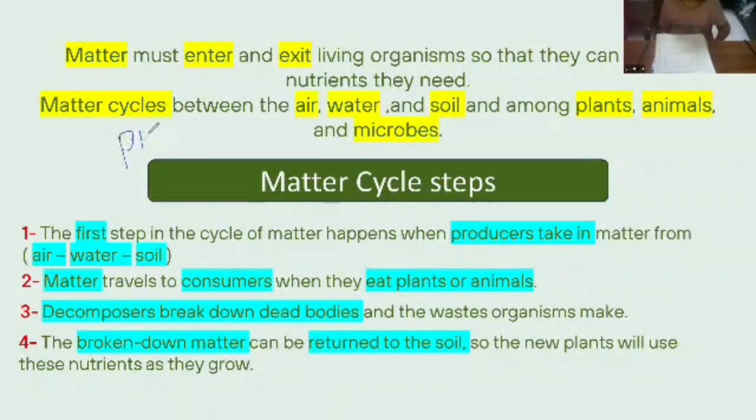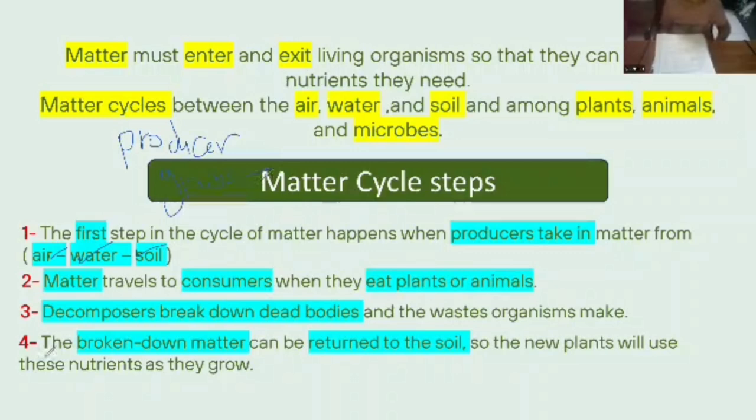Any plant must be a producer, because the first step is when the producer takes matter from air, water, and soil to make food through a process called photosynthesis. So for example, Yasmina, that's the grass, which is a producer.